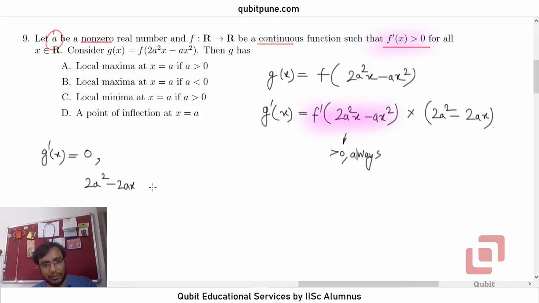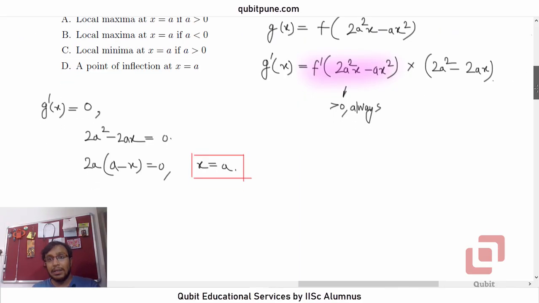But again they are saying let a be a non-zero real number. Now if a is non-zero, we can take 2a common and a minus x equal to 0, which gives x equal to a. That's the only real value where g dash of x is going to be equal to 0.